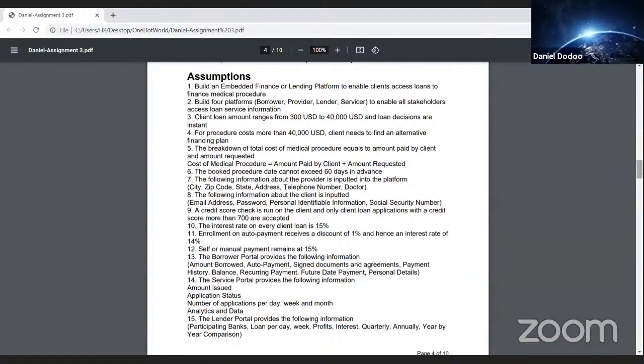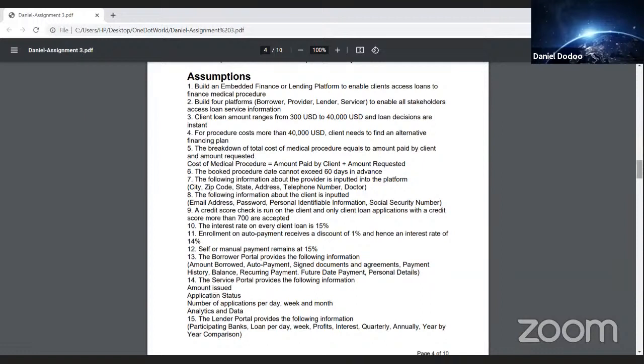This was a listed requirement by the stakeholder that client loans should range from about $300 to $400, and loan decisions are taken instantly. We move on.